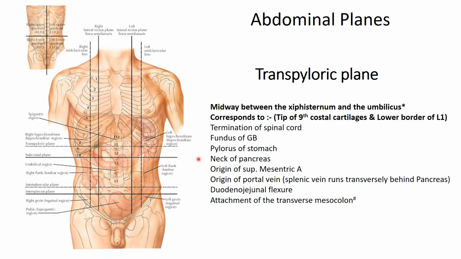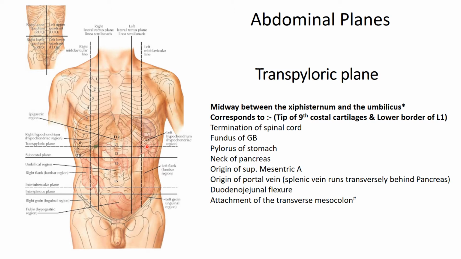Now for clinical purposes like describing a swelling or pain or even performing the incision for the underlying viscera, this abdomen portion is divisible into 9 regions, and they are defined by lines on this anterior abdominal wall.